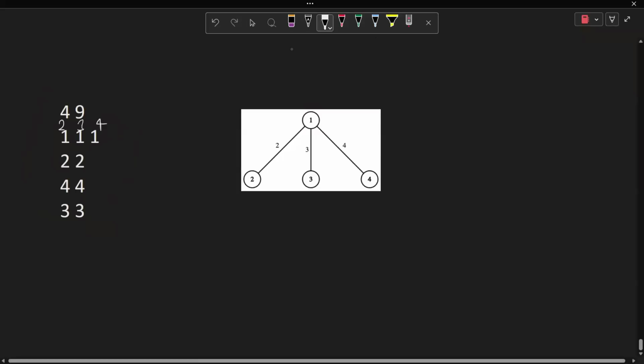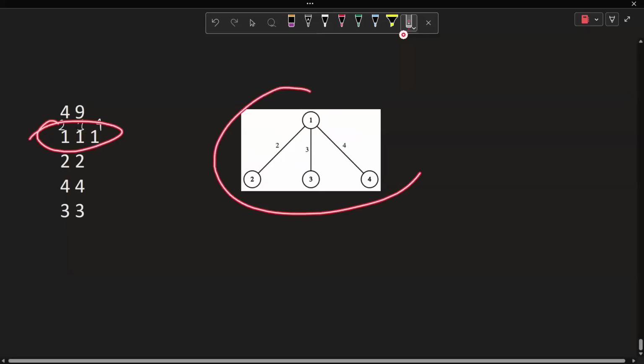So for 2, 3, 4: the parent of 2 is 1, so this 2 is connected to 1. The parent of 3 is also 1, and the parent of 4 is 1. So this parent array represents this tree.